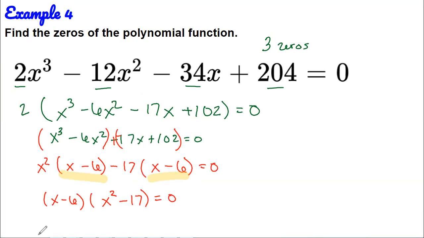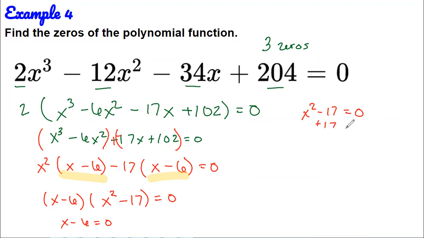Can I find one zero already? Yes, let's go ahead and find that zero. X minus 6 equals 0. And over here, x squared minus 17 equals 0. Now, we can go ahead and use either the quadratic formula or we can use the square root method here. Which method would you prefer? Square root method, since we don't have that middle term.